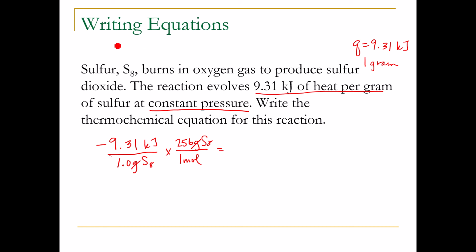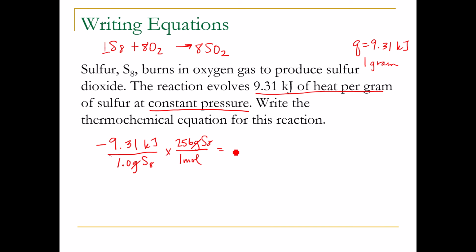Now the other thing we want to look at is our balanced equation. And we're producing sulfur dioxide, so we need to balance this. So we end up with 1 for our coefficient over here.